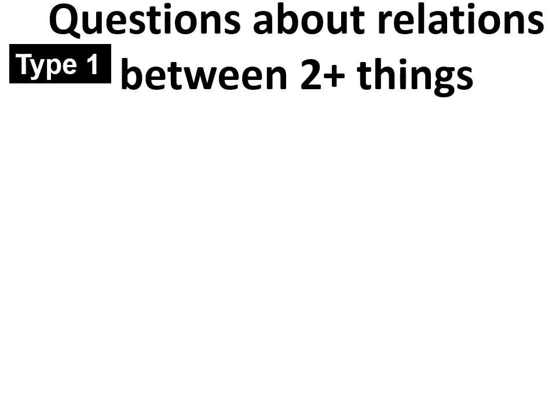The first type of logical structures that Spickard identifies are what I'm going to call type 1 logical structures. And these are questions about relations between 2 or more things.